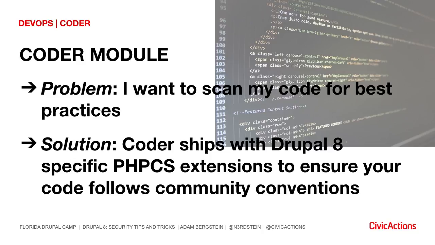The really cool thing about the Coder module is you can integrate it with your CI system. You could bolt this right into Jenkins and run a test to make sure that when you submit a pull request, your code is meeting these conventions.